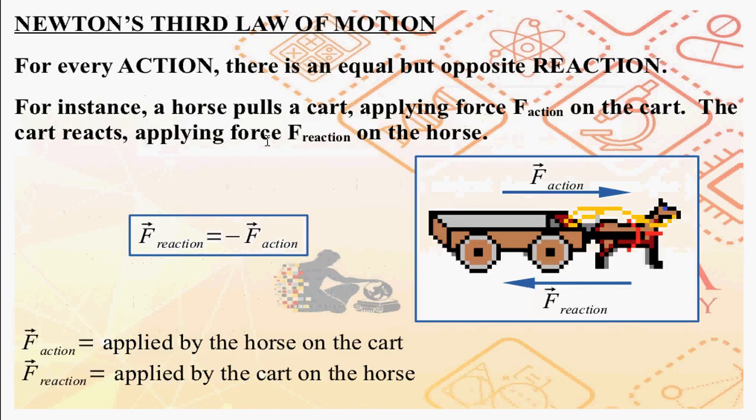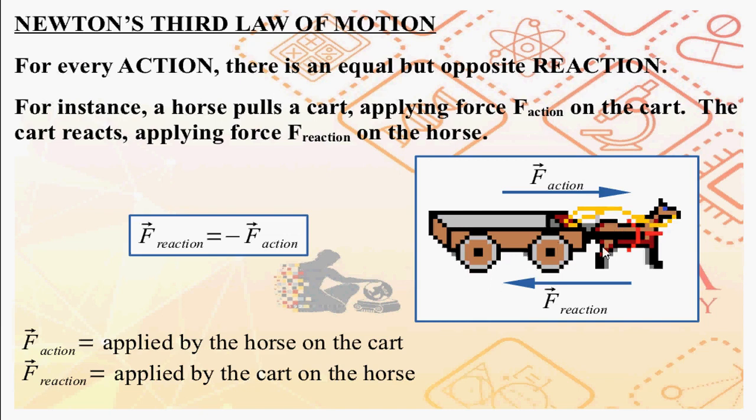And lastly, we have Newton's third law of motion. Some books refer to this as the law of action and reaction. When we say action, we're talking about force, particularly, say, applied force. And when we say reaction, that's also a force. For every action, there is an equal but opposite reaction.